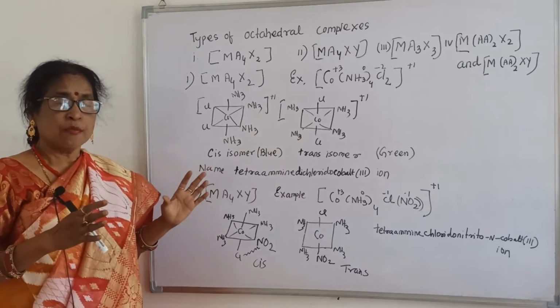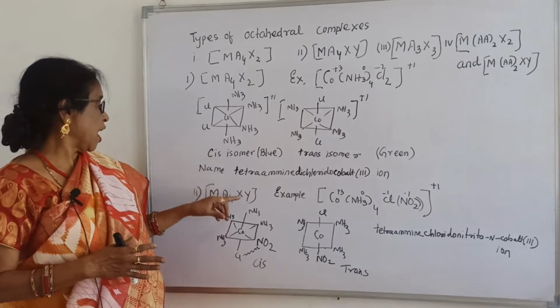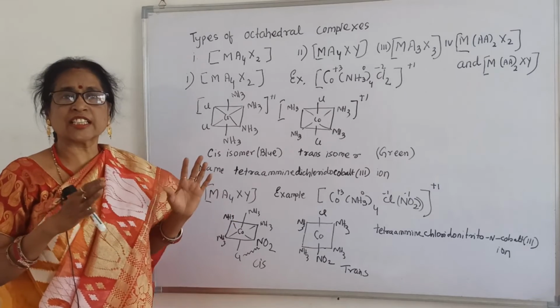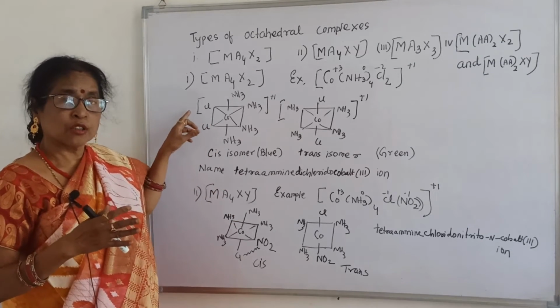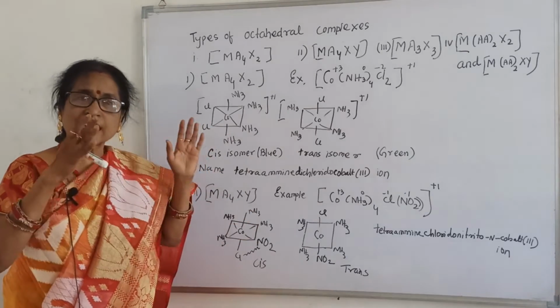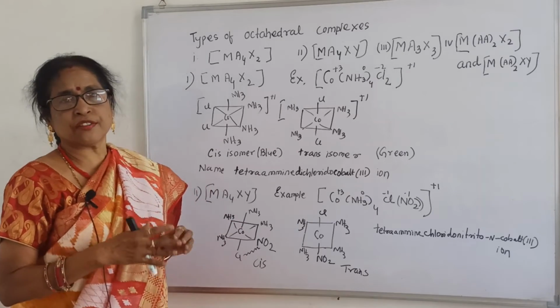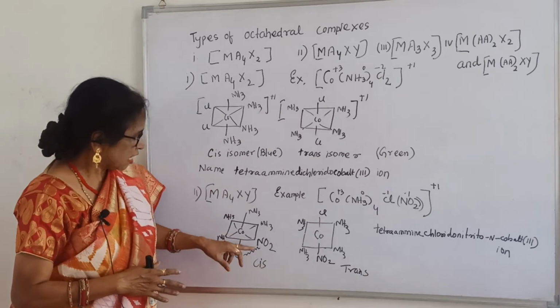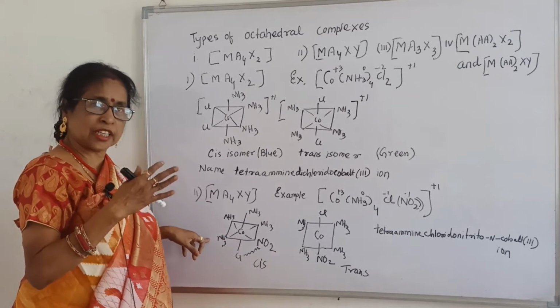Now second is Ma4XY. Ma4 means A type of ligand is 4 times. Like this you will put XY, where X and Y ligands are different. Like here X2 means 2 ligands are the same, but here 2 ligands are different. That is why try to put it in such a way that it indicates cis. Now this position also cis. This position if you want to put, that is also cis.